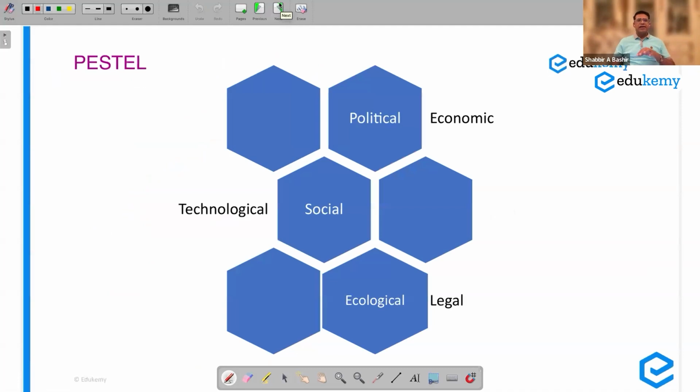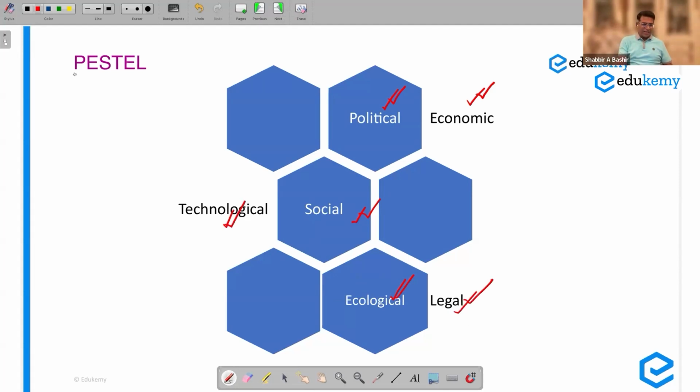Technique number 1, I think this is one of the most popular methods, the PESTEL principle. The PESTEL stands for political dimension, economic dimension, social dimension, ecological dimension. You also have technological dimension and the legal dimension.